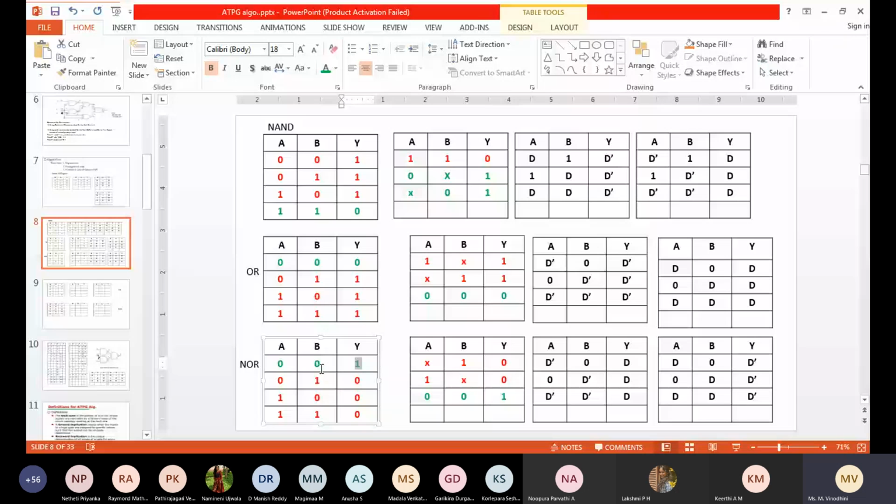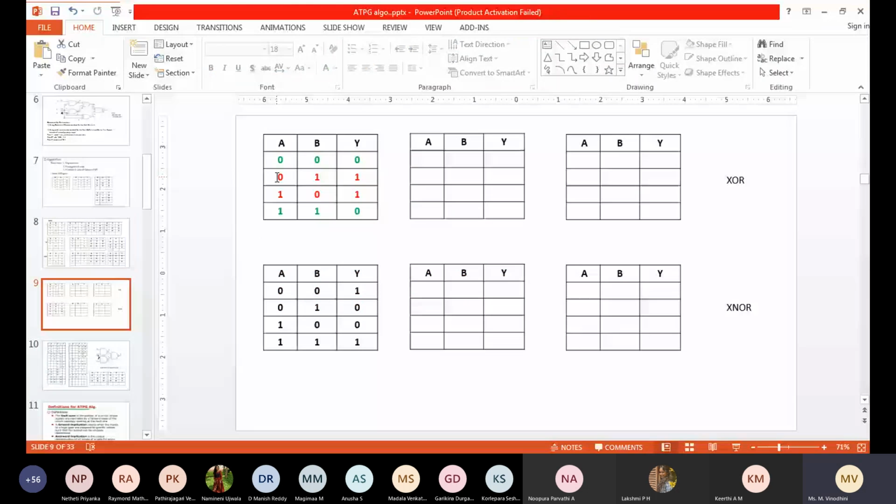Among these 3 combinations, I was merging 1 and 2, 2 and 3, 1 and 3. Same way, if I do here, I need to compare second and third. When I compare second and third, 2 variables are changing. Do you remember, if only 1 variable is changing, I should consider this in a singular cover table. But here 2 variables are changing, so I cannot get an entry for a singular cover from these 2 combinations.